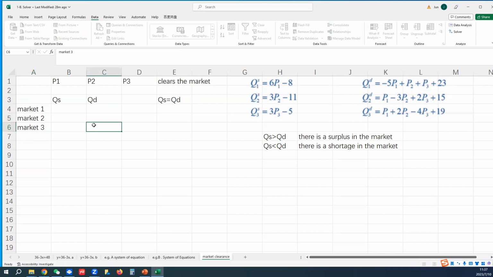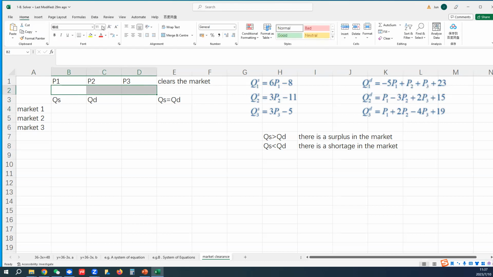Okay, and our first task is to put everything with a good fidelity to the original way of how they are put in a question on Excel. So here, P1, P2, P3 are what we are to find out. We just color them out, okay? And then for market one, QS equals to 6 times P1 minus 8, right?